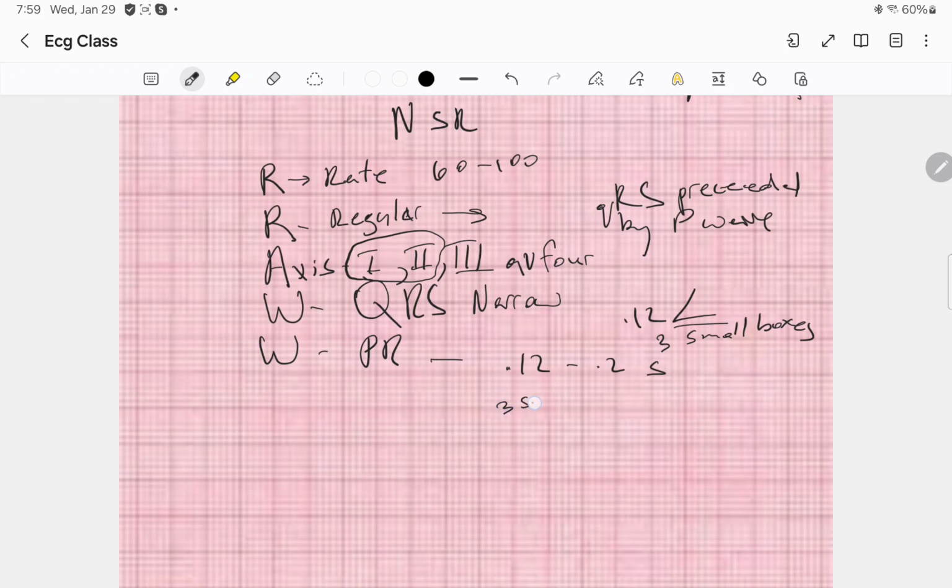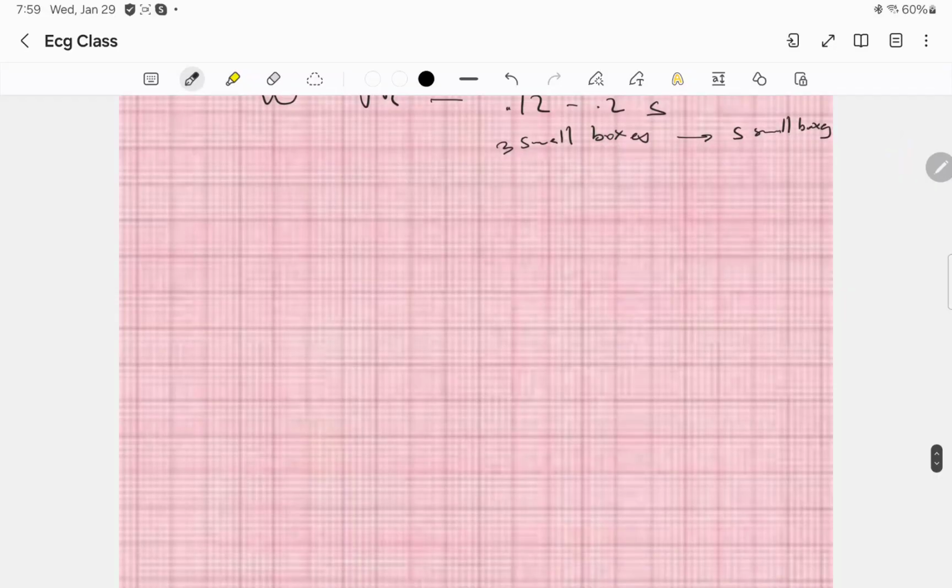So that's 3 small boxes to 5 small boxes. So I'll take the opportunity now to expound.